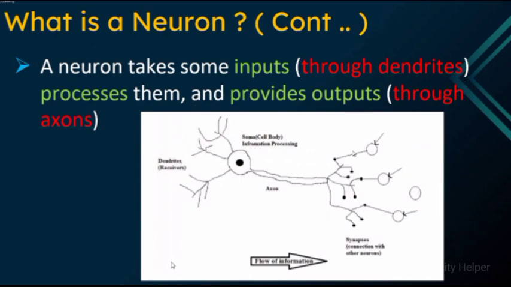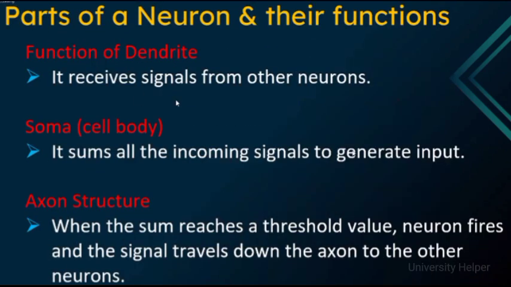The dendrites look like tree branches, receiving information from other neurons to make connections. We can say they are like the ears of the neuron, which you can easily remember. What you hear, you are going to process. With the help of the ear only, you hear. That's why we call it dendrites. That's the process belonging to the dendrites.